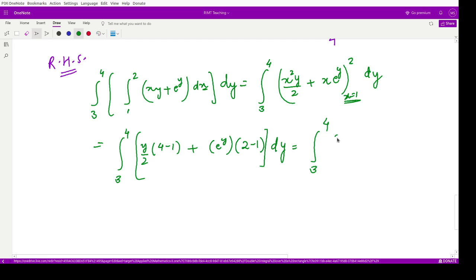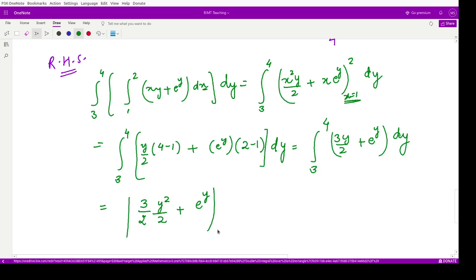So you have 3y by 2 plus e to the power y, and we have to perform this integration with respect to y. The integration of 3 by 2 y is 3 by 2 into y square by 2, plus e to the power y, and the limits here vary from 3 to 4.